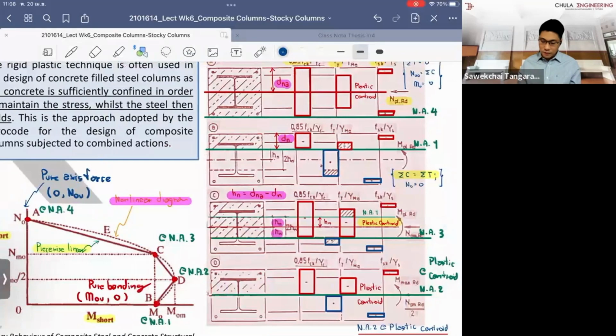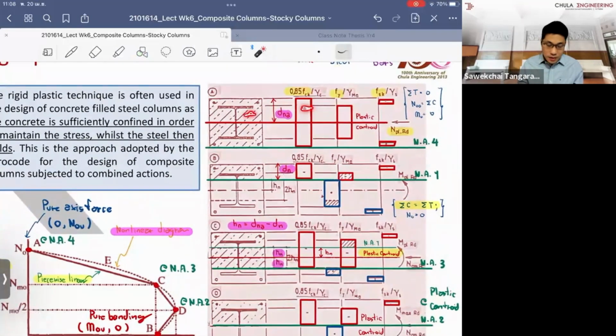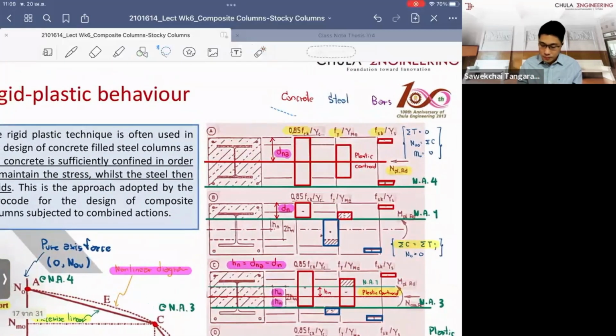Based on each of these stress diagrams, you just multiply the stress by the areas for the proportion of the material that is involved. For example, this one is the concrete, you have the steel, and you have the bars. Stress times the area of the material gives you the force, either the compression force, and you know the centroid of each force component. You can sum the forces to get what is called the axial capacity.